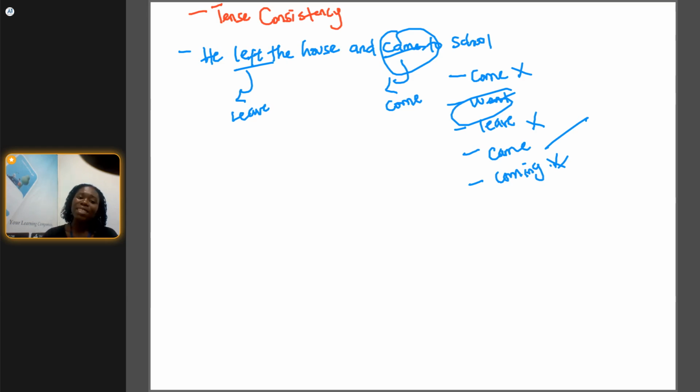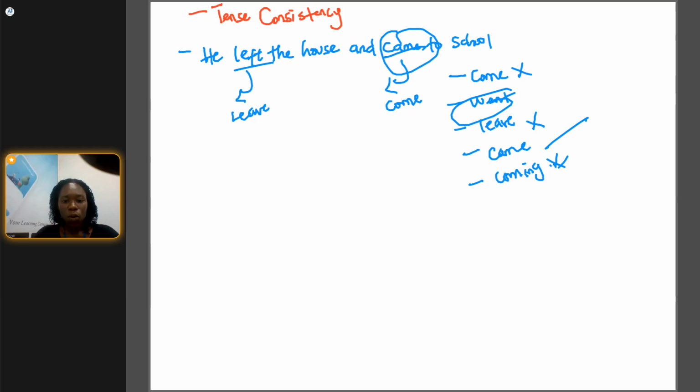If the verb you are provided with is in the past tense, then the verb you must choose must be in the past tense. If it is the continuous tense that you have already, then the verb you must choose must be in the continuous tense to follow that consistency.